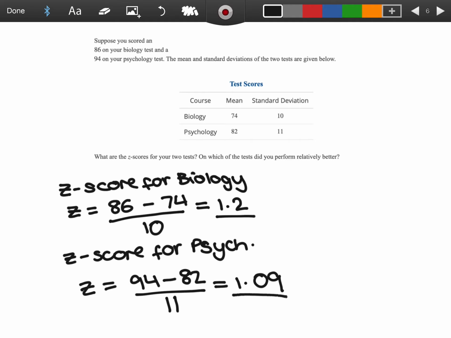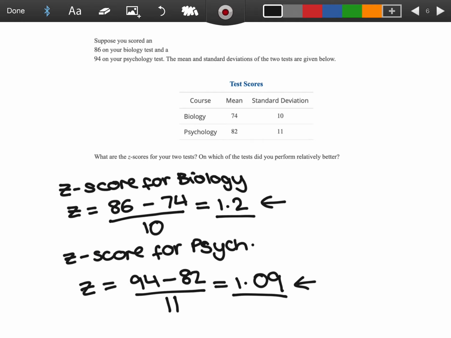So in relative positions compared to the mean, I actually did better in my biology class than in my psychology class. I was more standard deviations above the mean in biology. So in comparison to the rest of my class, I did better in biology than I did in psychology.